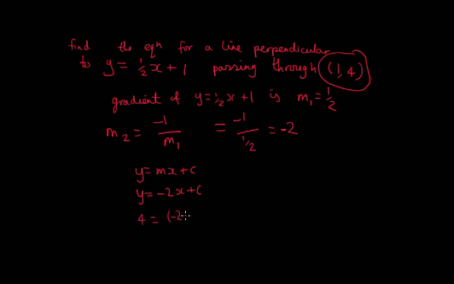We're going to have minus 2 times 1 plus c. Rearranging that formula, we're going to get c is equal to 6. So our formula for the second line is going to be y equals minus 2x plus 6. Hope that helps.